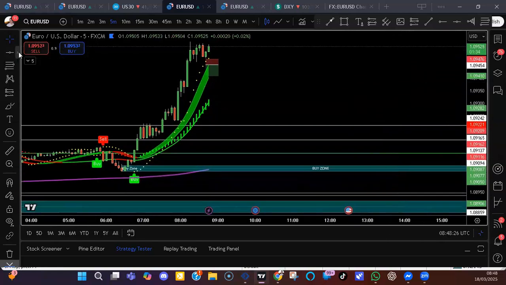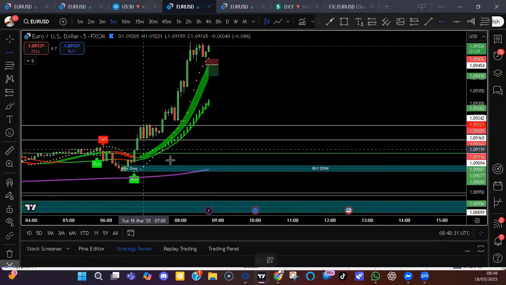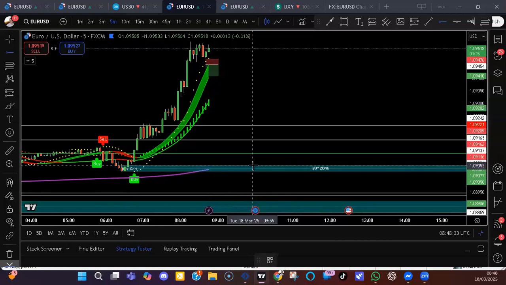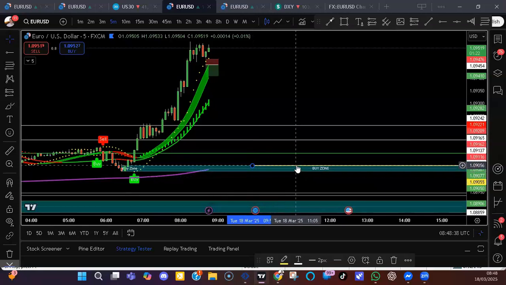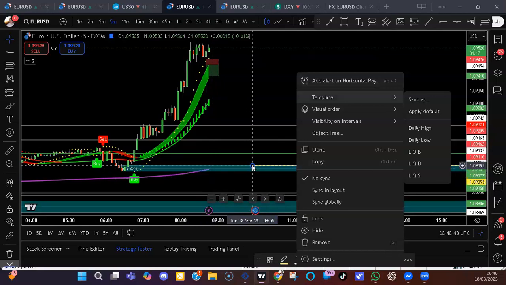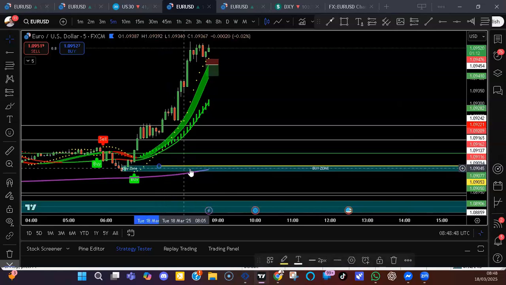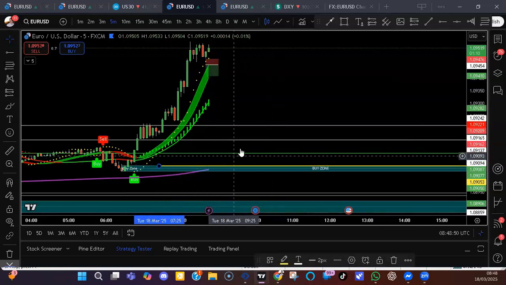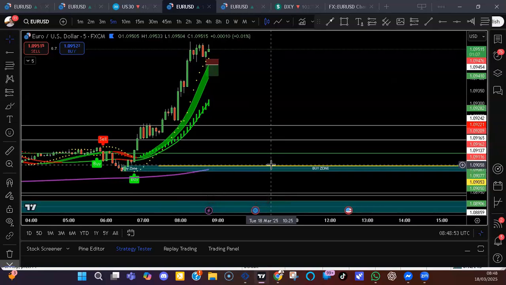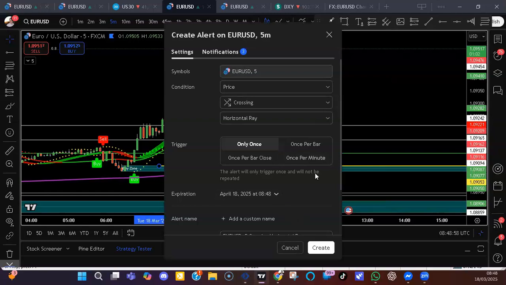So what you do is you get your horizontal ray, put it at the beginning of the zone, whether it be a buy zone or a sell zone, and then you add an alert. You'd want that a bit further back, not too far away from where price is now, and you right click and add alert, whether it's a buy or a sell.